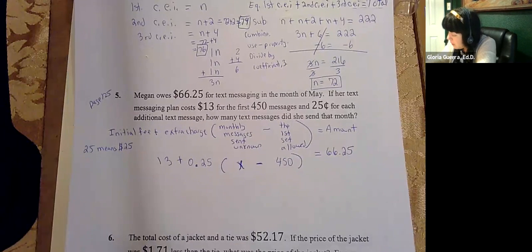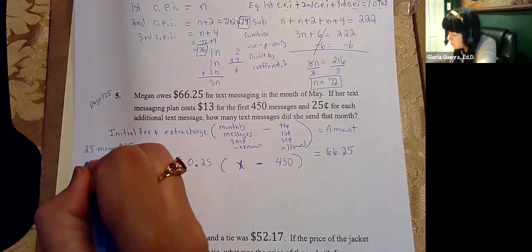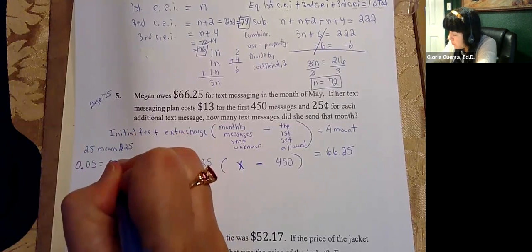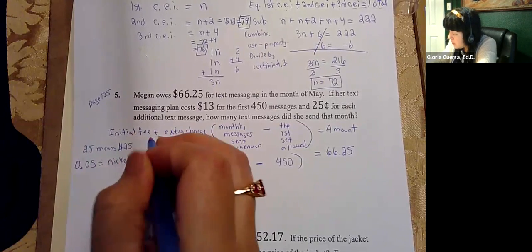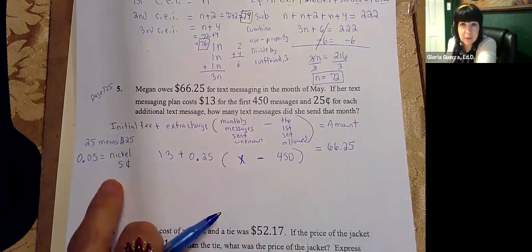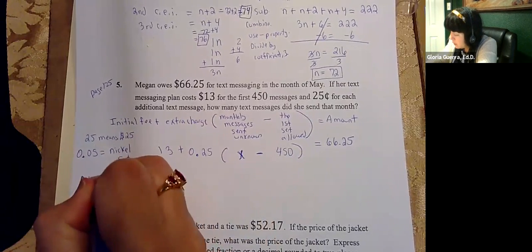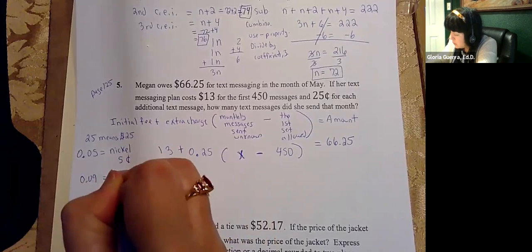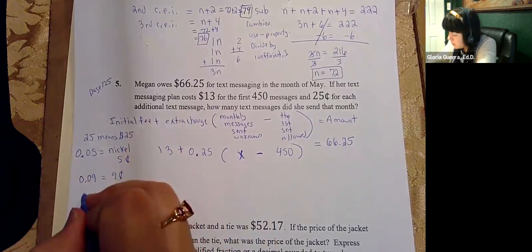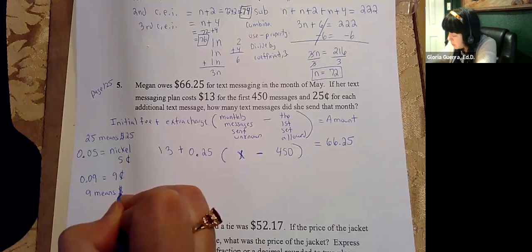If they were to say a nickel, that is 0.05. That's a nickel, that's 5 cents. Sometimes people make a mistake with the pennies. If I say 0.09, that's 9 cents, 9 pennies. So you do want to be careful here, because if you write 9, that means $9.